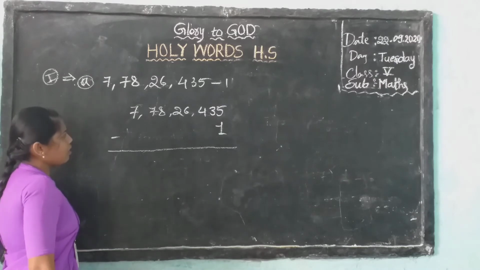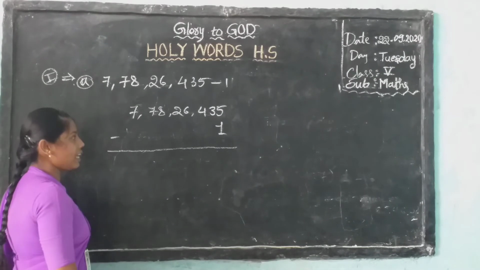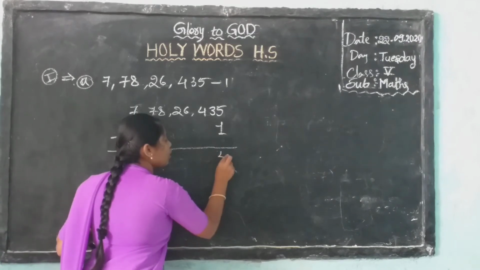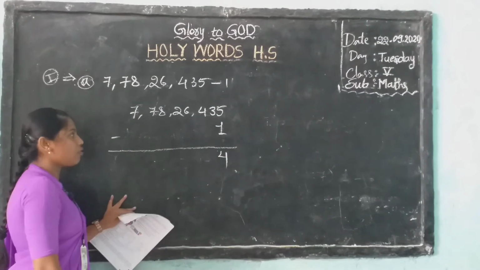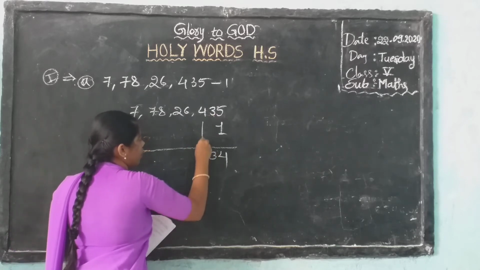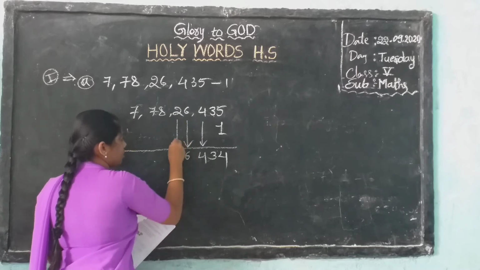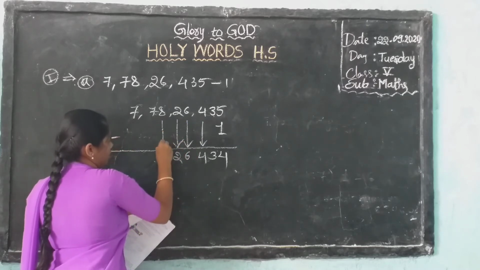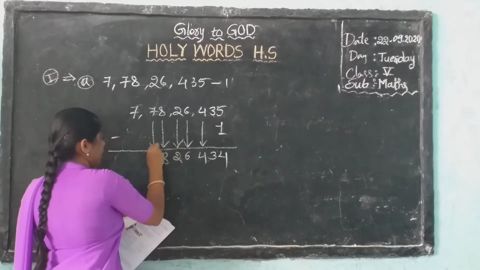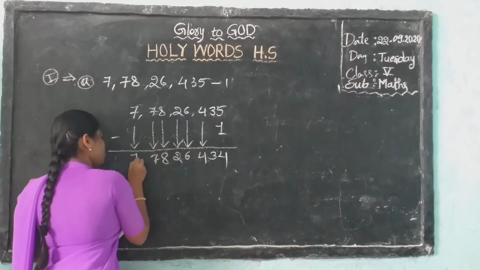So listen carefully, Nana. 5 minus 1 is equal to 4. So there is no value change elsewhere. So 3 comes down, 4 comes down, 6 comes down, 2 comes down, 8 comes down, 7 comes down and 7 also comes down.